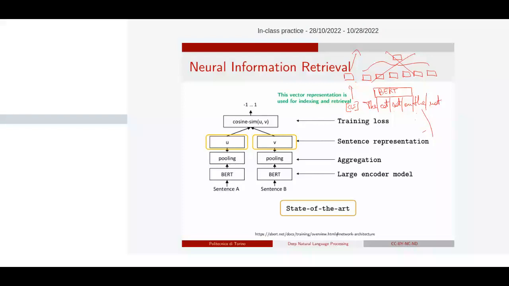BERT is not a model to create sentence representations. It can be made into one, but by default it produces a vector for each token, for each word in this case. Is this clear? Okay.